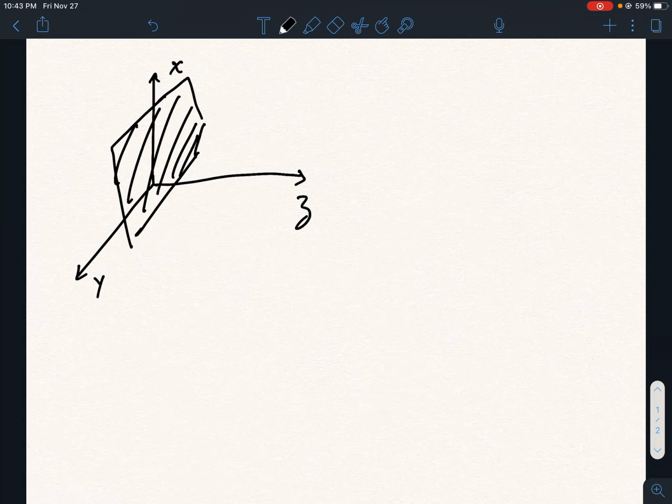Now we have a wave. Let us consider a monochromatic plane wave, coming in at normal incidence to this surface.